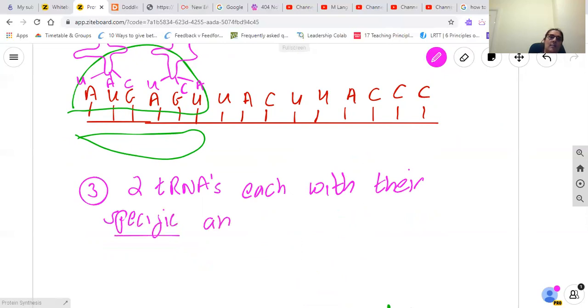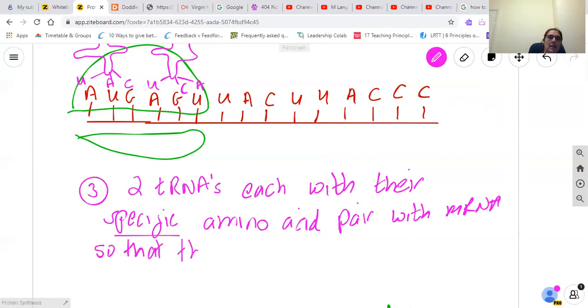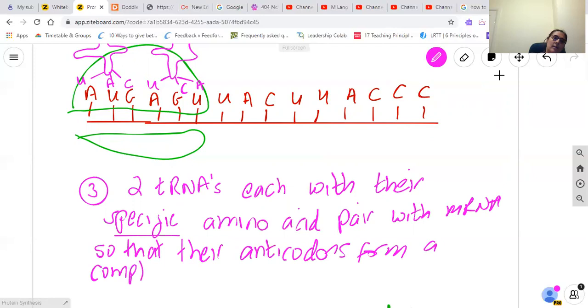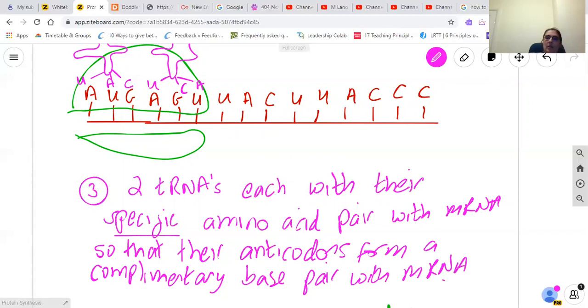It's underlined in mark schemes. Pair with the messenger RNA so that their anticodons form a complementary base pair with the mRNA codon.